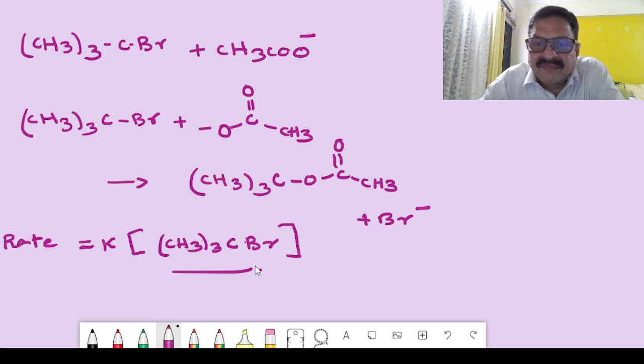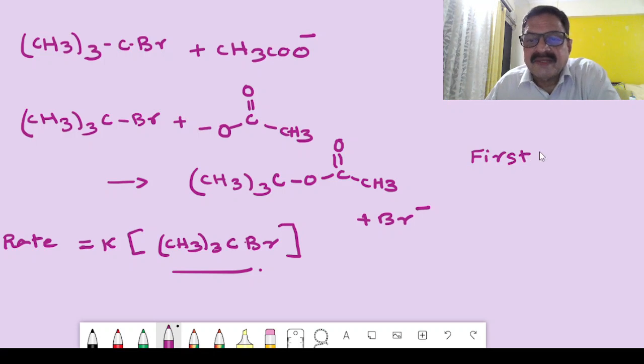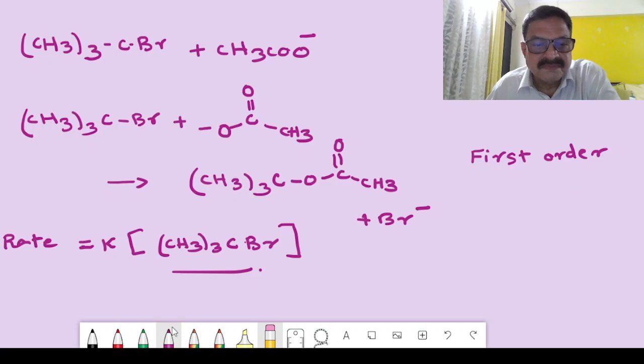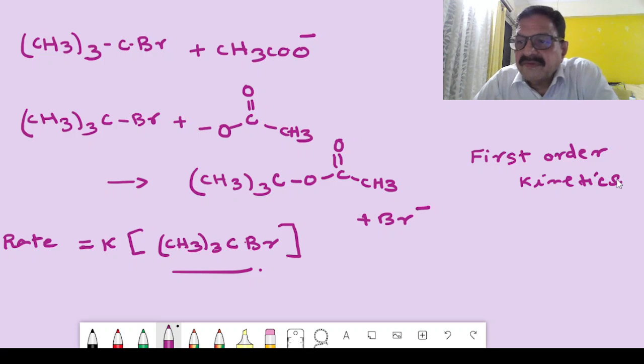The rate equation is first order. The kinetics is first order kinetics here.